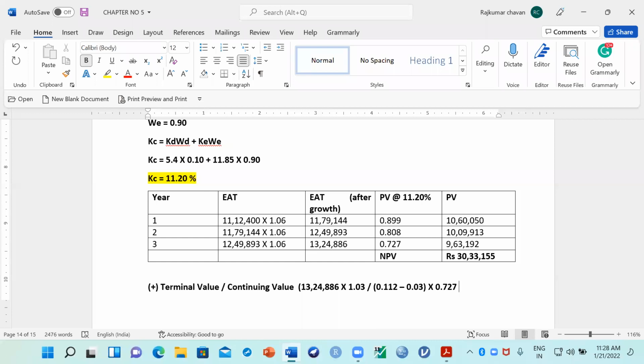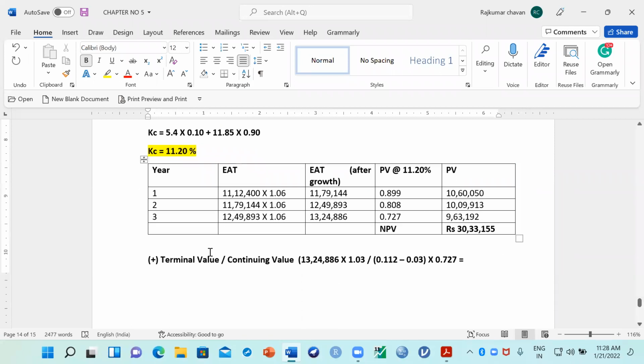Right? So now can you tell me what will be the terminal value of this particular restaurant? How much will it come? Okay. Carefully answer me in the chat box. What will be the terminal value of this hotel?